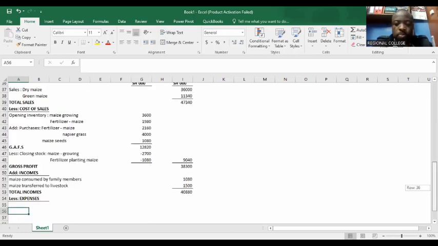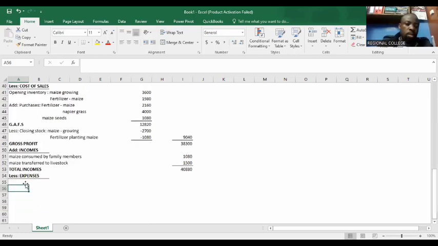That is an expense to them. Then you go to the trial balance, try to check any income that can be applicable under the maize only.